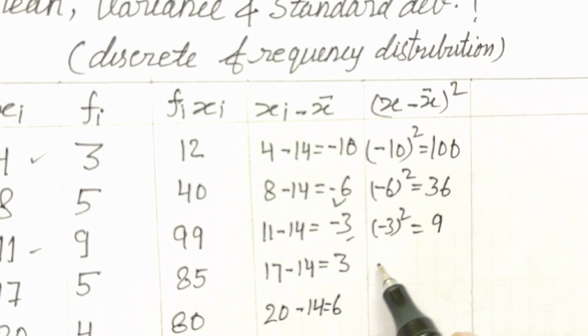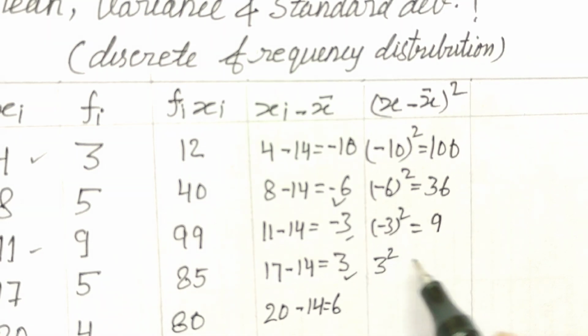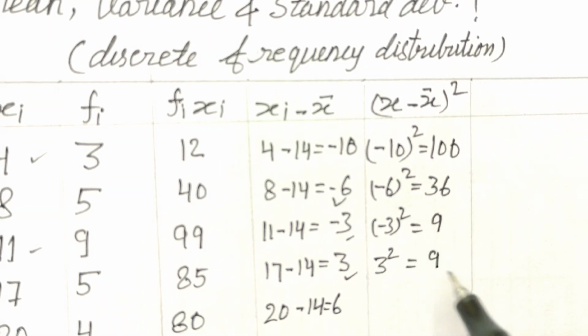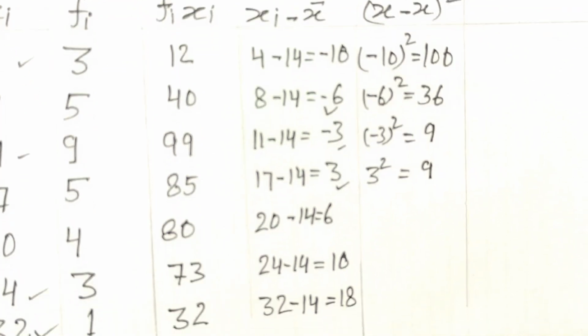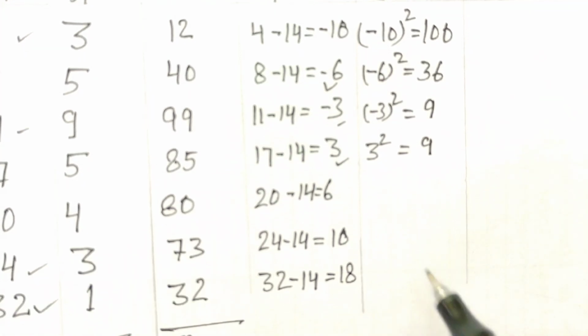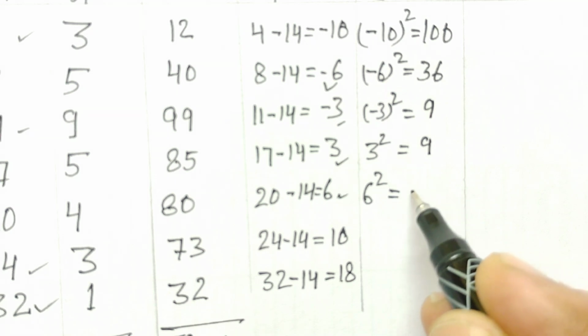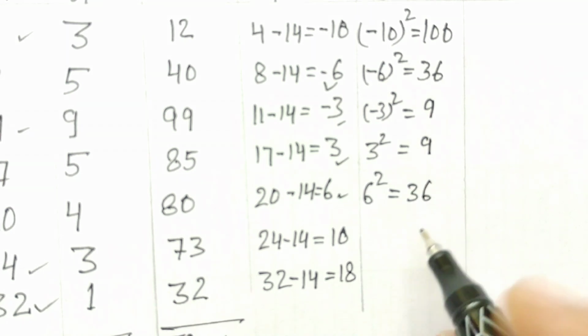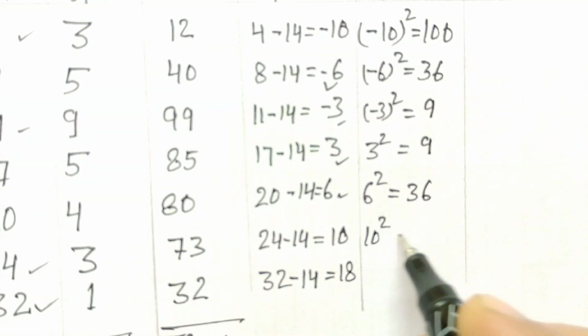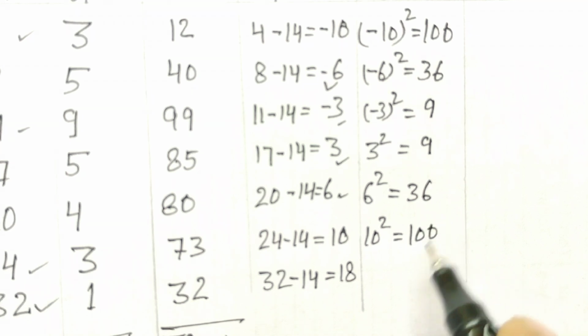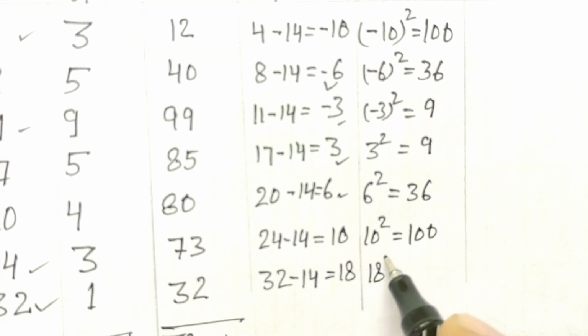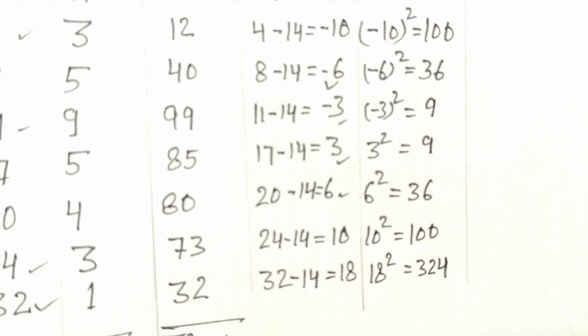Then 3 square is equal to 9. Then 6 square is equal to 36. 10 square is equal to 100. 18 square is equal to 324.